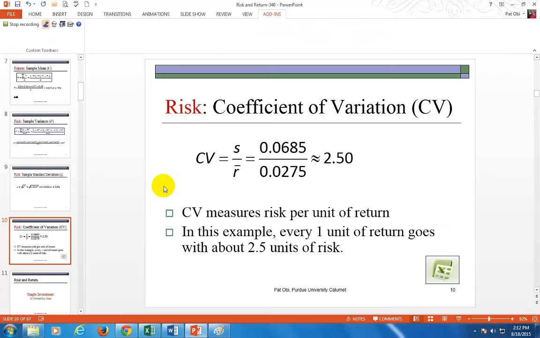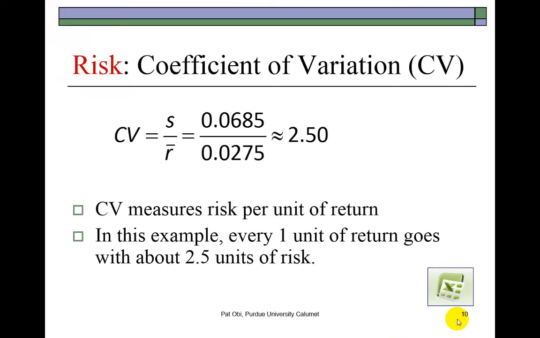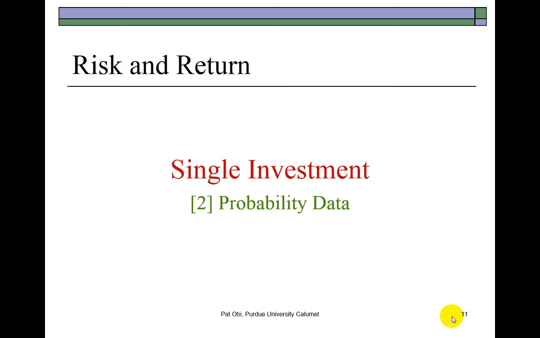So going back to the presentation, those are the ways that you calculate the measures of risk and return using historical data. But what if you don't believe that history will repeat itself?